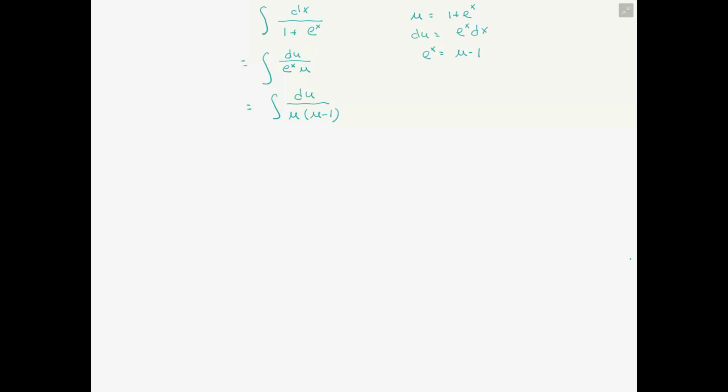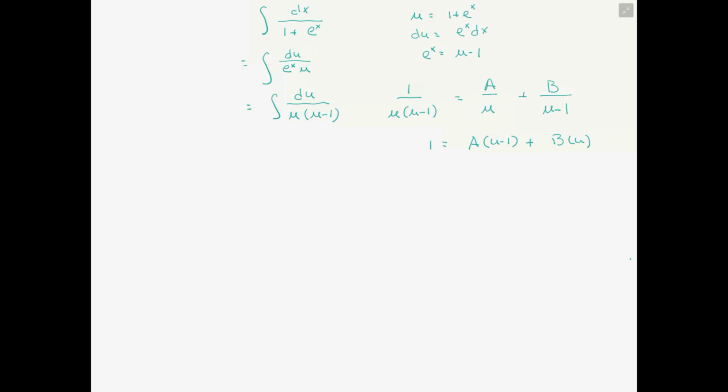Okay, so now we use partial fractions to be able to solve this. So we have 1 over u times u minus 1 equals a over u plus b over u minus 1. To simplify it, now we multiply across. We got 1 equals a times u minus 1 plus b times u.